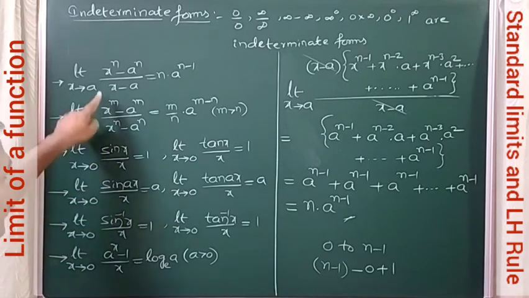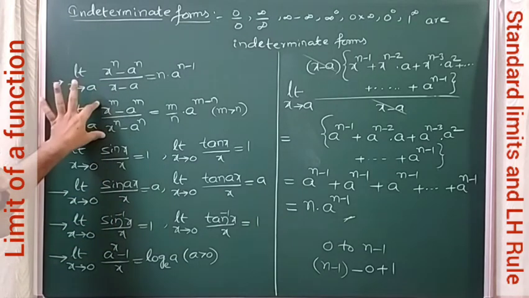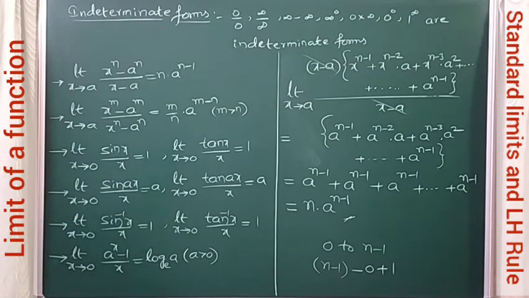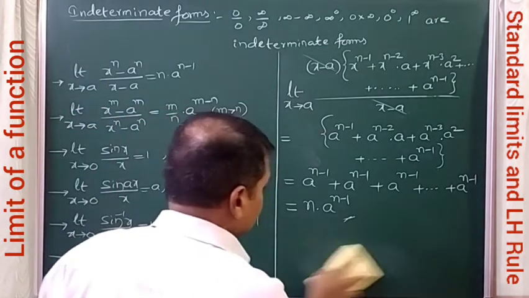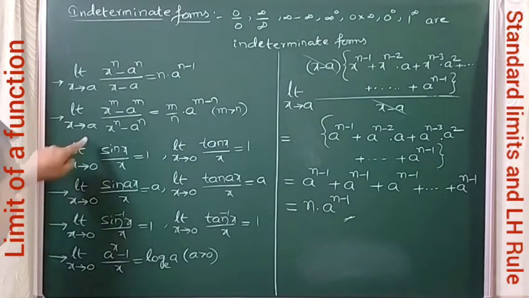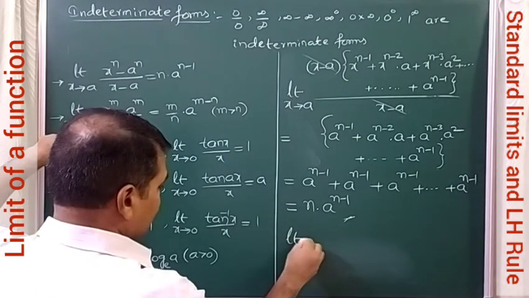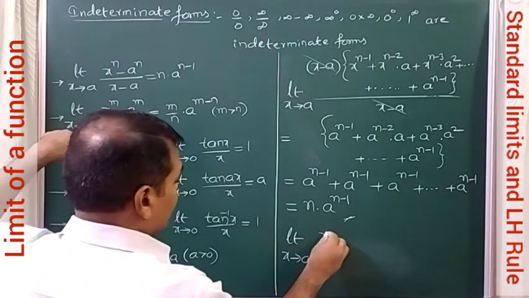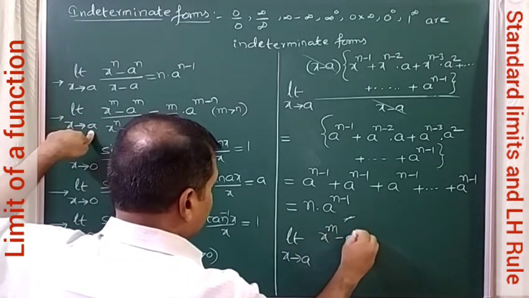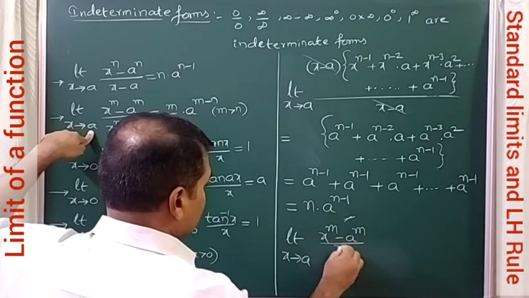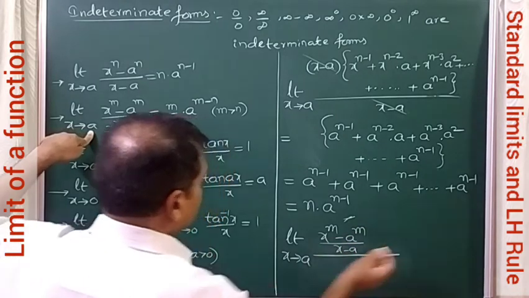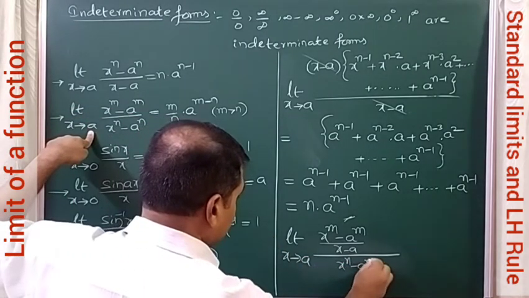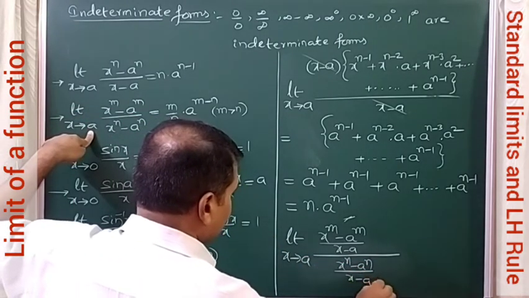Now, using this, you can derive this one. Using this one, you can derive it easily. So how to get that? See carefully. You can write this limit as limit x extends to a, x power m minus a power m by x minus a, over x power n minus a power n by x minus a.